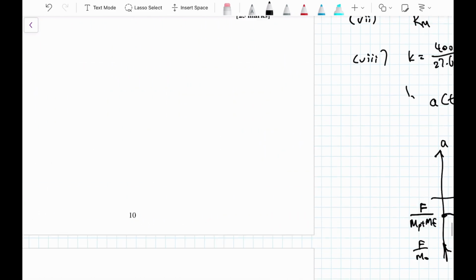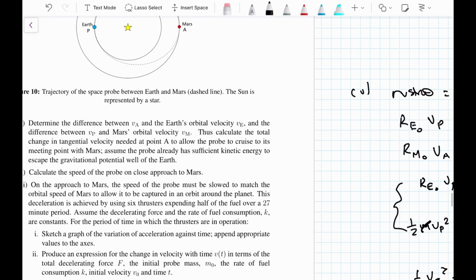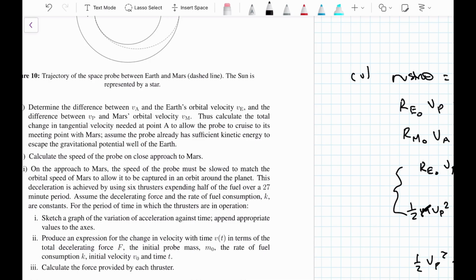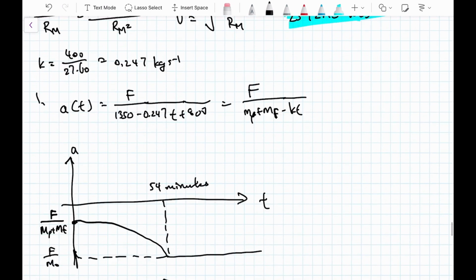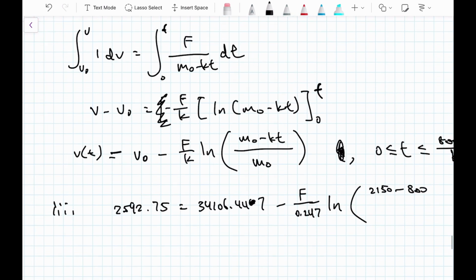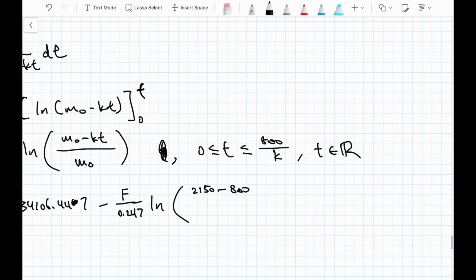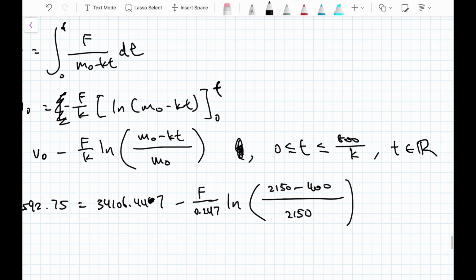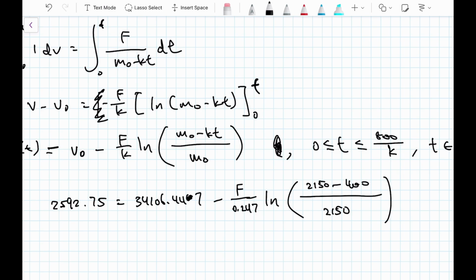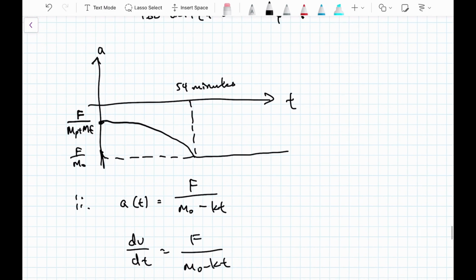Wait, is that all the foil or just half of it? Let me check. Expending half the foil, so it's just half of the foil. If it's only half, then we just get 400 instead of 800. This should be 2150. And for the graph, I think we should also limit it in that region.